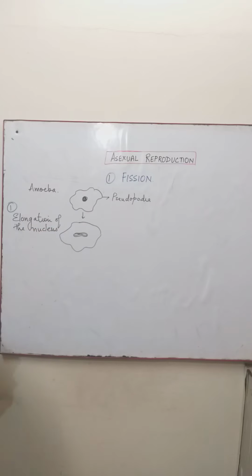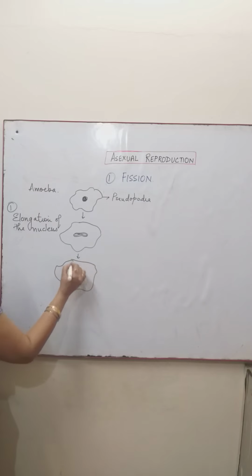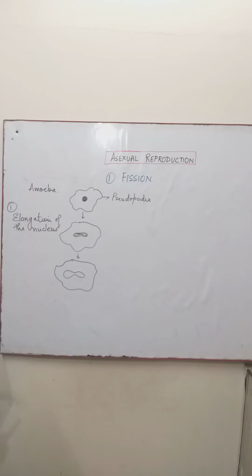The nucleus elongates, and it then starts separating. That means dividing into two. So the nucleus will start dividing into two, and a constriction appears over here. The constriction is gradual, and constriction means the narrowing, dividing.